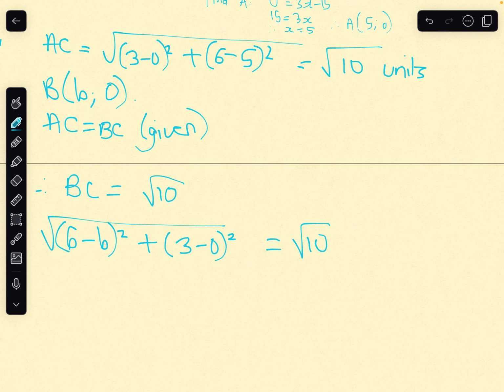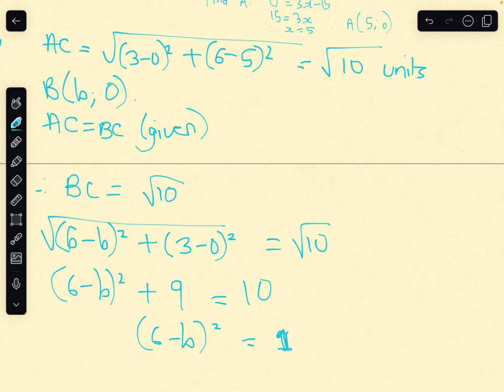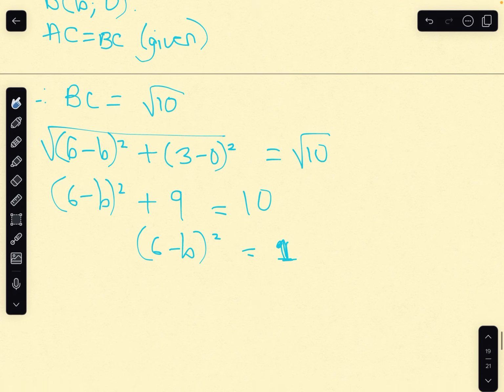And the only way that can be true is if the thing underneath the square root is indeed 10. So 3 minus 0 squared is 9. Basically we are looking for values that will make 6 minus b squared equal to 1, because 1 plus 9 is 10.